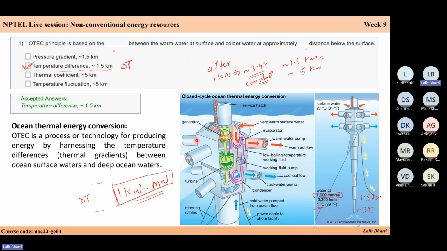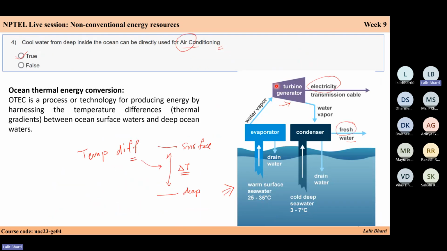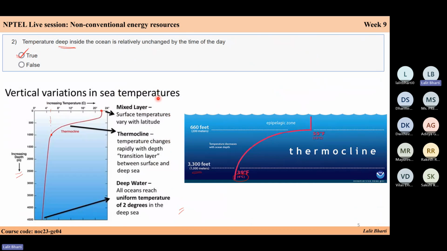So temperature difference, as well as the 1.5 kilometer mark, because we know that after 1.1 to 1.5 kilometers the temperature will be 3 to 4 degrees Celsius, but as you go very deep the temperature will be almost constant. I have shown it here. Around 1000, your temperature is near 4 degrees.